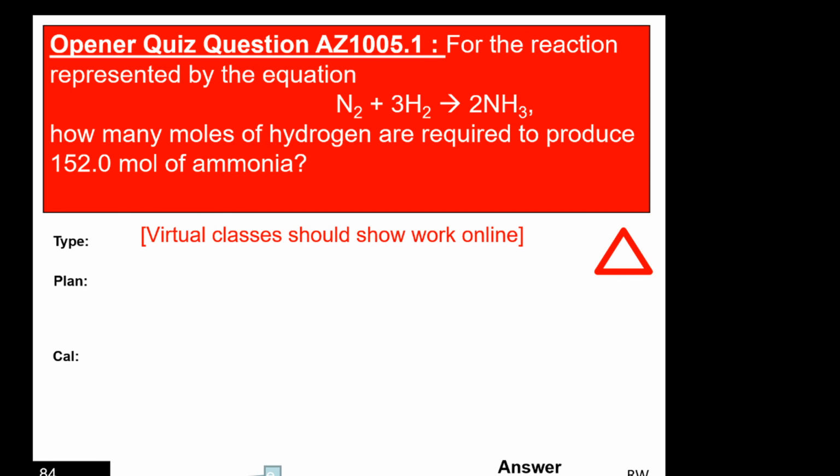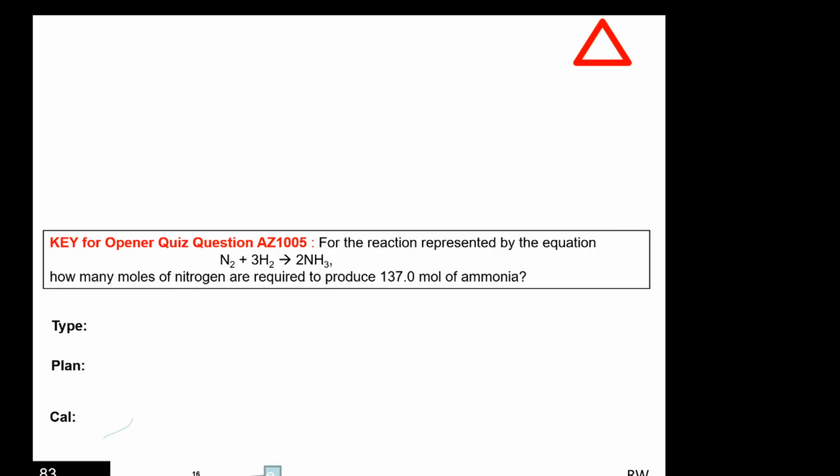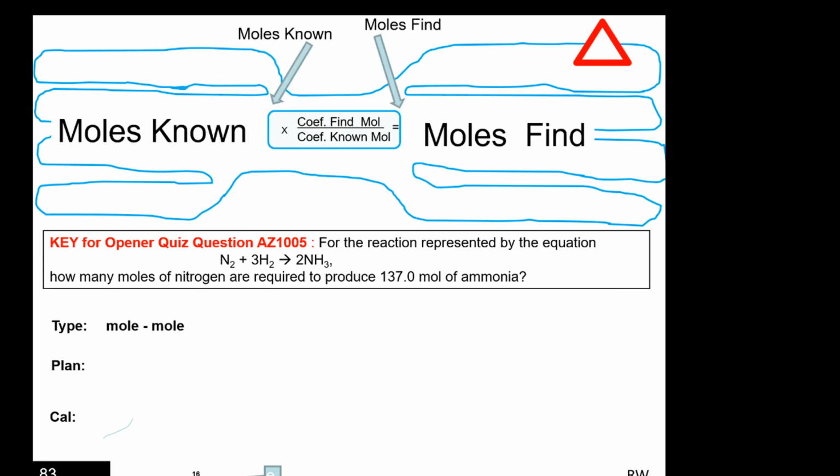Sorry about this. Okay, so there we go. All right, so how many moles of nitrogen are required to produce 137 moles of ammonia? Apologize for that. Technology is acting funky today.